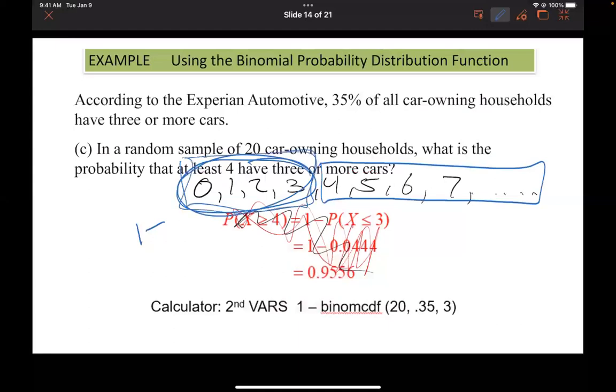So we're saying basically not less than or equal to 3. So we're going to do 1 minus our binom CDF. Remember, every time you see the word at least, use the complement rule. Every single time. If you see the word at least, use the complement rule. You just have to be really careful what your number here is.